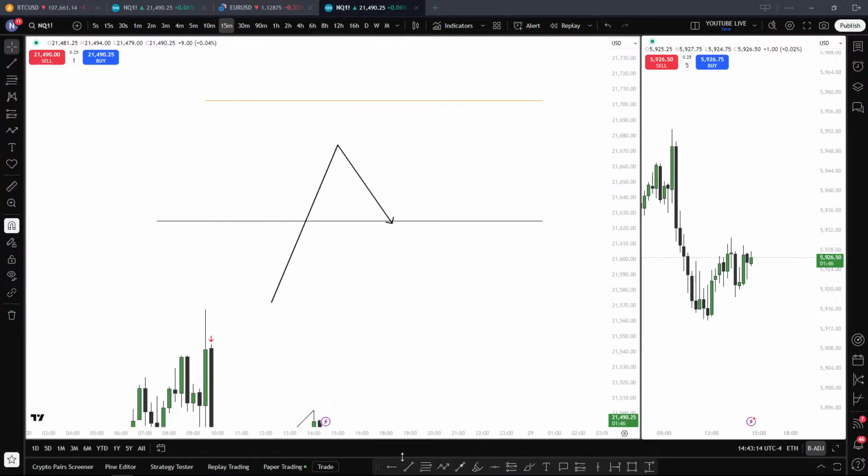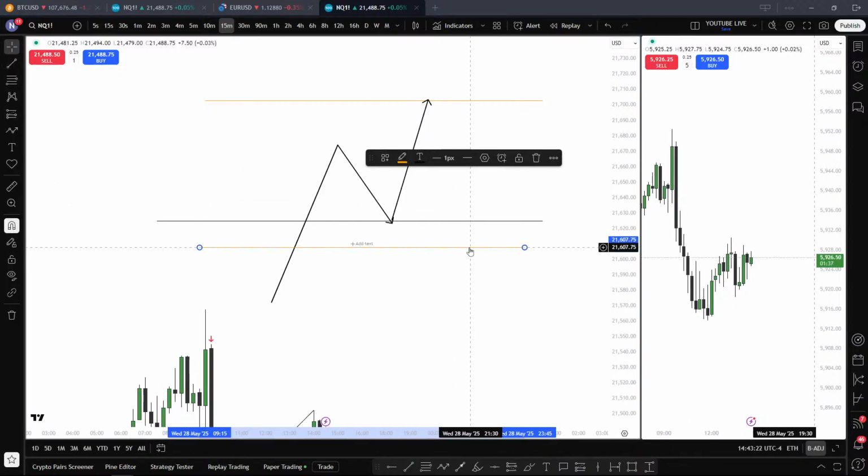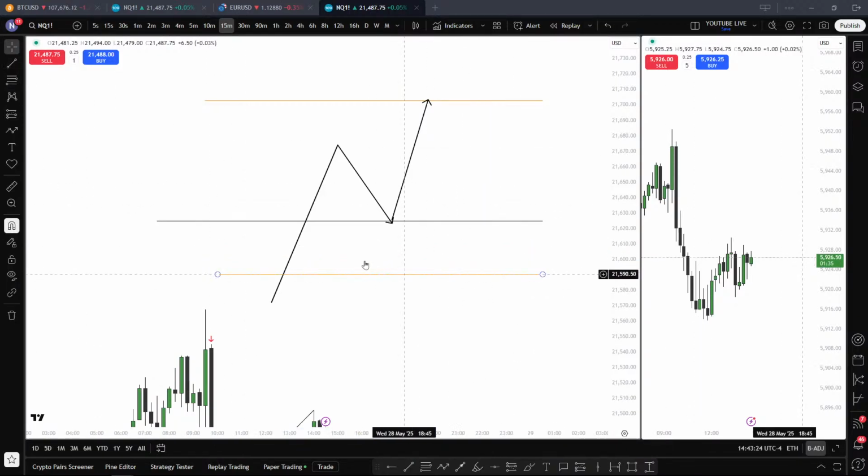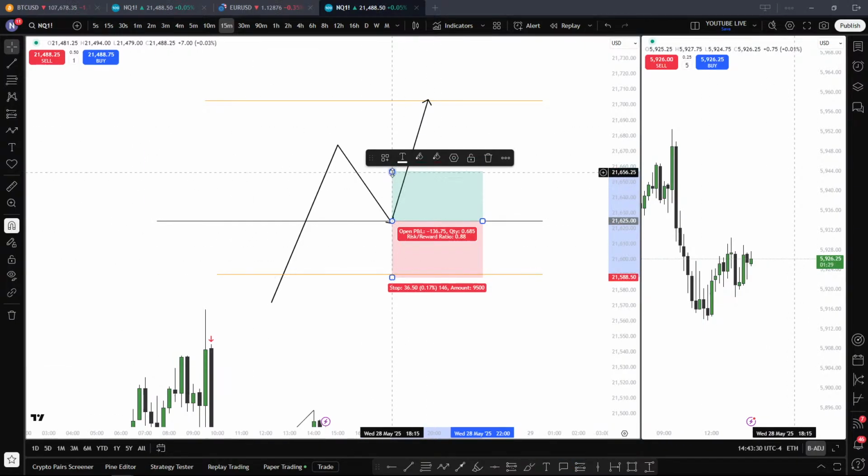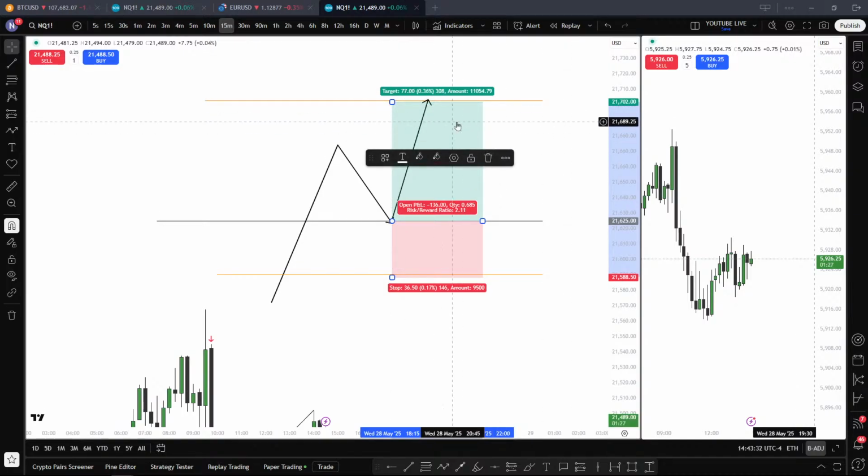Then you take your trade here. Your stop loss will be like here, and every single time this gives you a 1.5. Every single time it gives you 1.5.